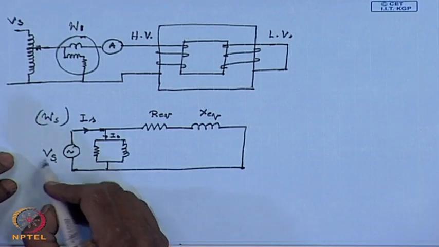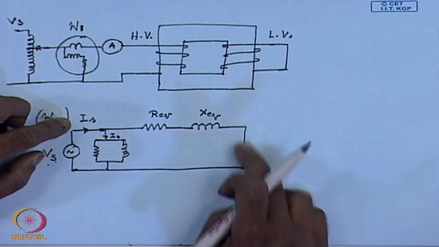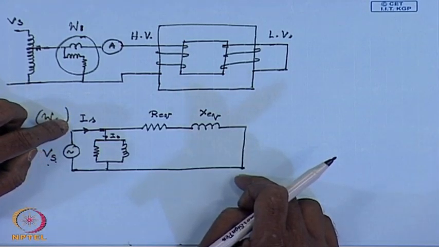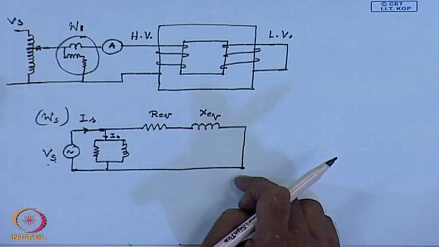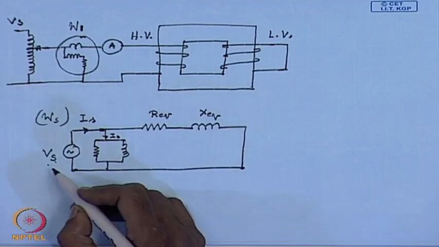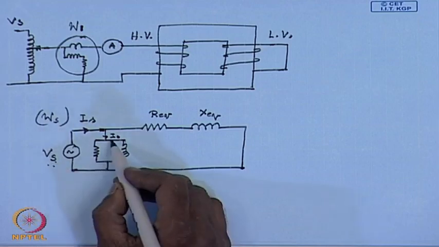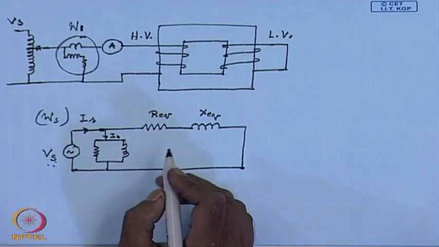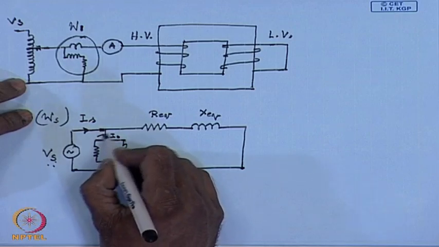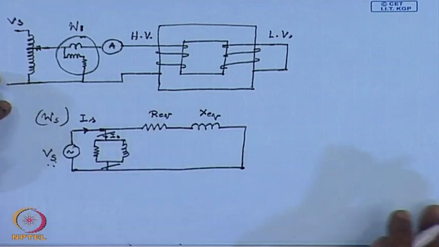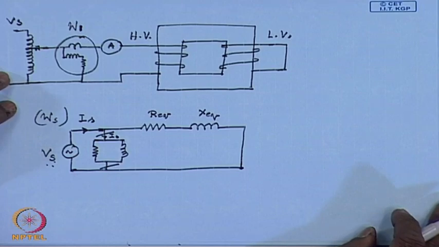Therefore, when we reduce Vs and short the low voltage side, if we restrict the Is to its rated value, the voltage required for that will send very negligible current through the magnetization branch, and hence for all practical purposes the magnetization branch can be neglected during short circuit.